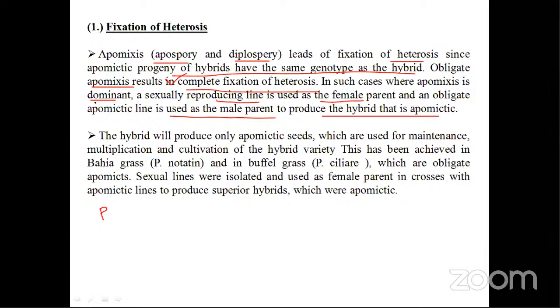But with obligate apomixis, if anything happens to the variety, that variety will be completely lost. Heterosis will be fixed anyhow, but there will be no scope for further development; it will be the last generation. We would have to improvise the parents themselves to do any further development in the obligate apomixis case.